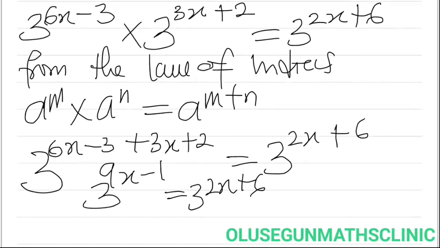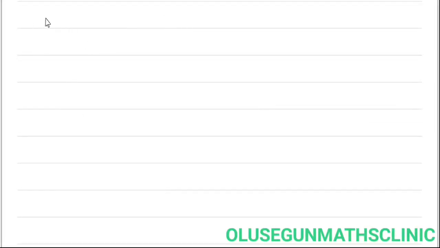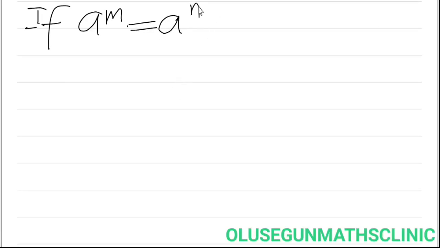We say that if a raised to power m is equal to a raised to power n, it means that m is equal to n because the bases are equal.